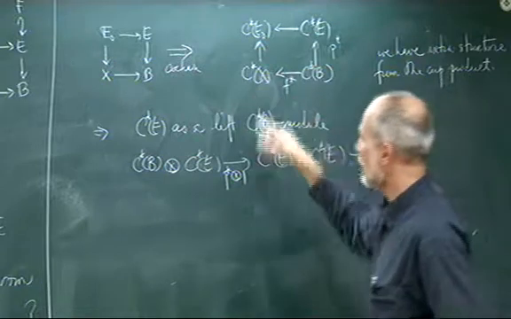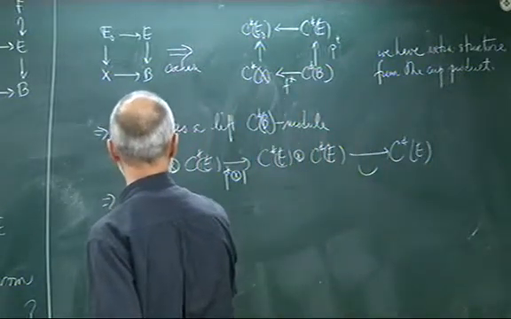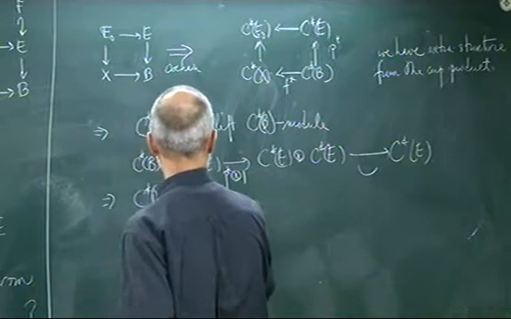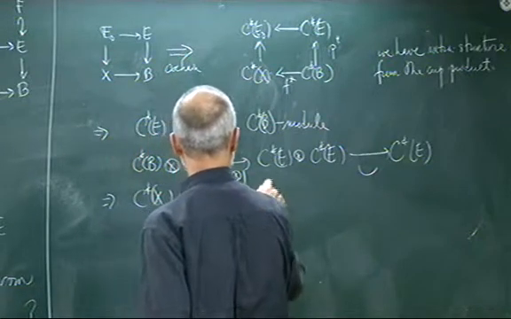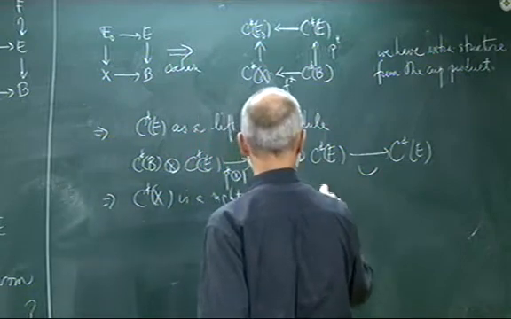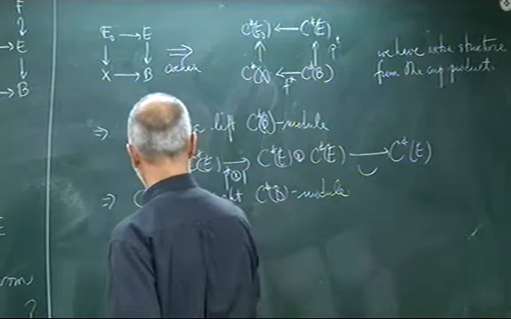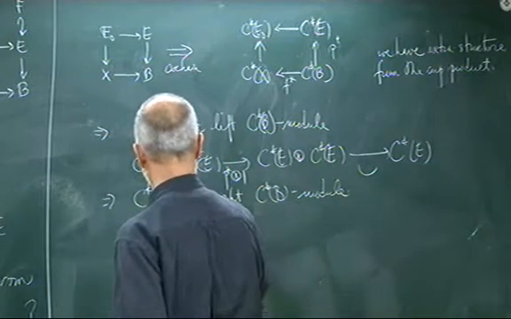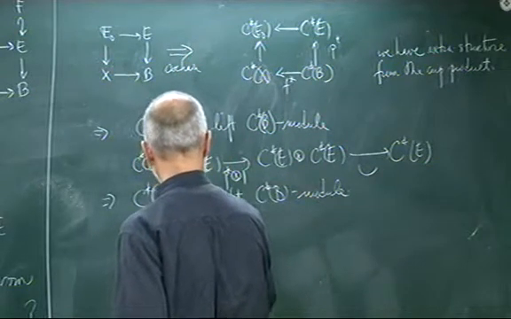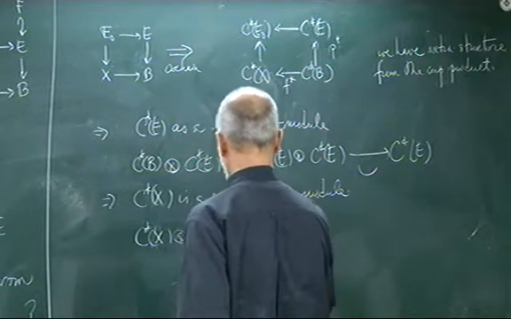And then likewise I get that C star X is a right C star B module, where I simply induce that in the same way.